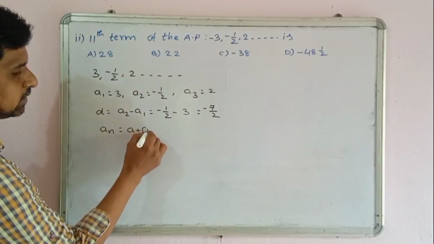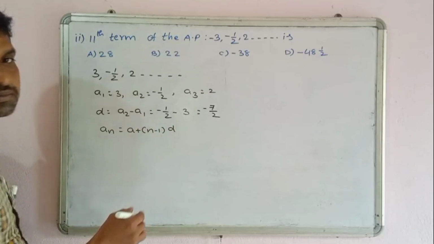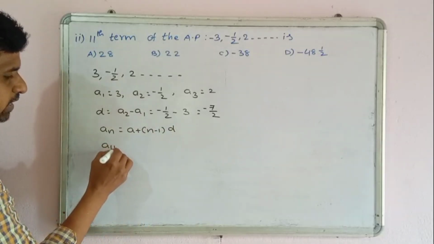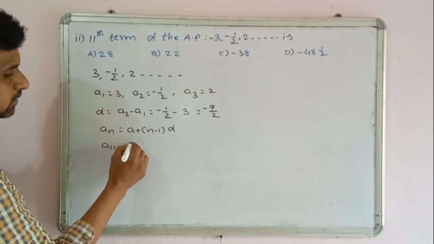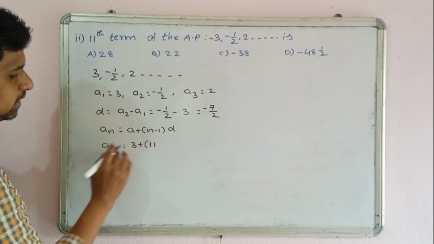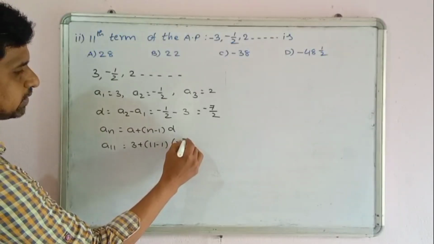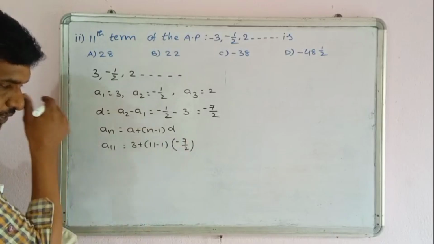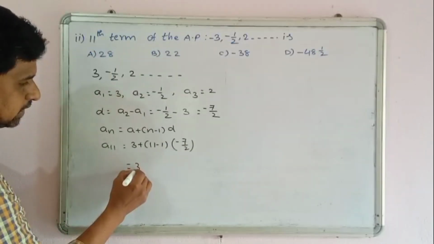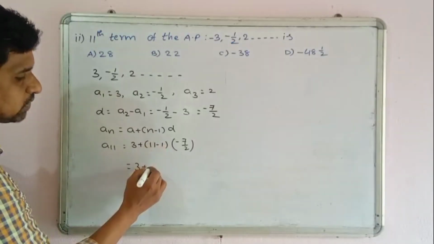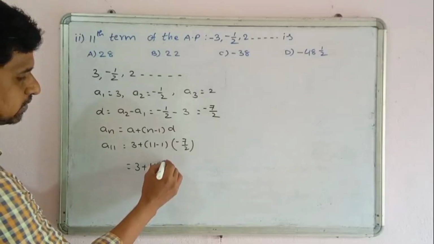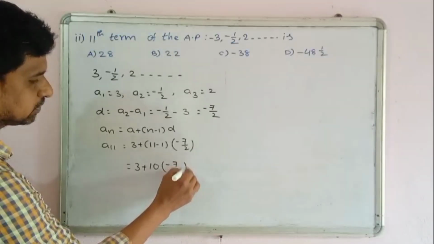A plus N minus 1 into D. The 11th term, A11 equals the A value 3 plus 11 minus 1, the N value 11 minus 1, the D value minus 7 by 2. Okay. So 3 plus 10 into minus 7 by 2.